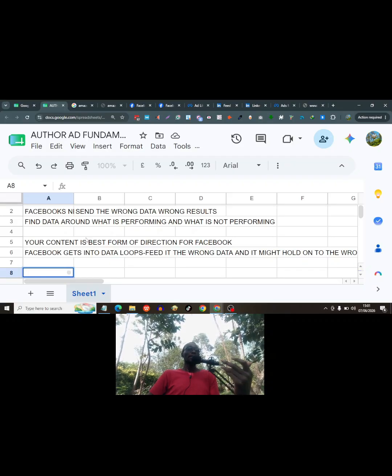There's a chance you might be sending the wrong people, and Facebook is saying, this image is not getting people who are clicking on it. Let's say Facebook is sending the image to men who want muscles, the abs, and Facebook realizes, this thing is not getting me the right people. It adjusts.